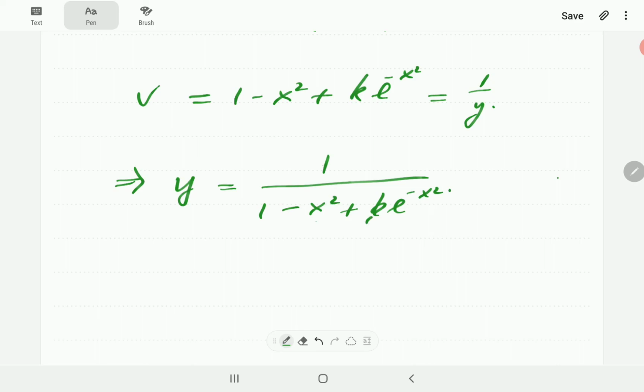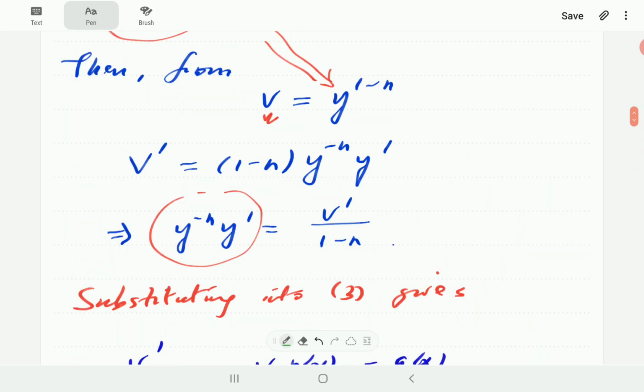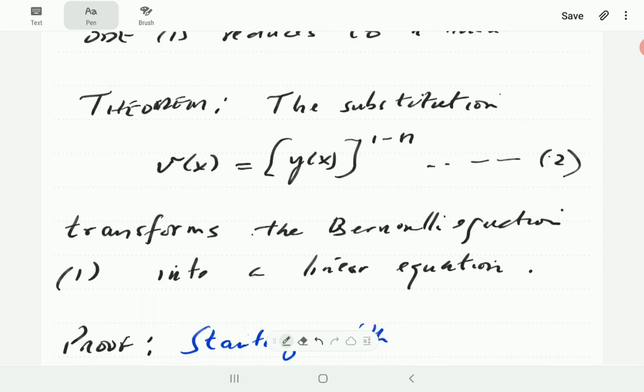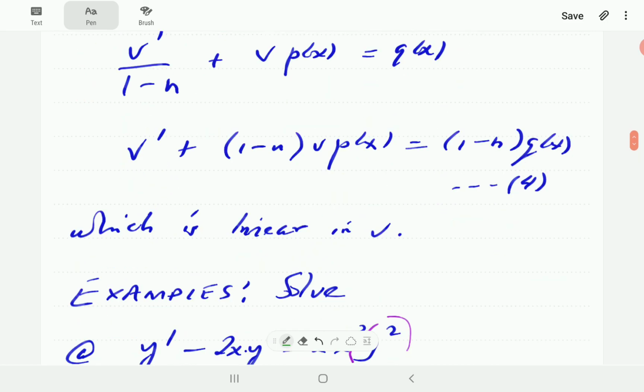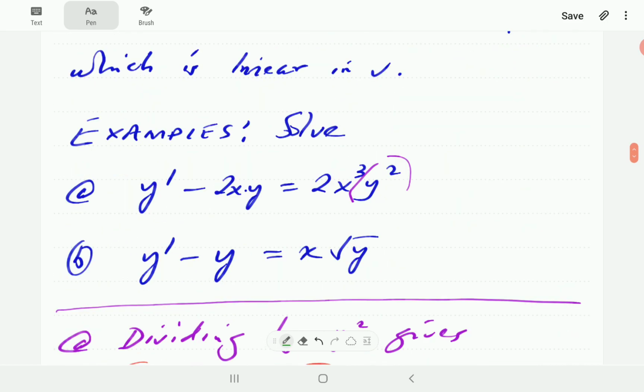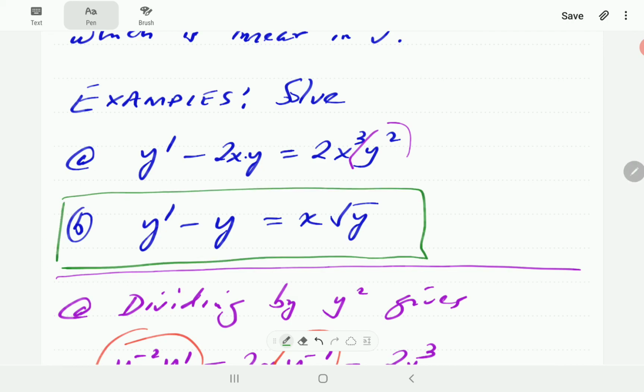So that's going to be our general solution there. All right, so now we're going to ask you to have a go at example number B. Just pause the video, and then when you're done, press play, and then you can compare your answer to our answer.